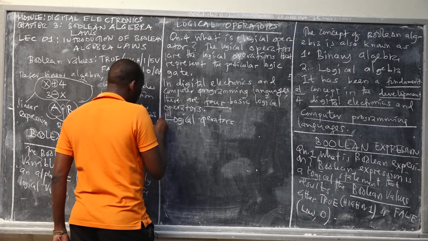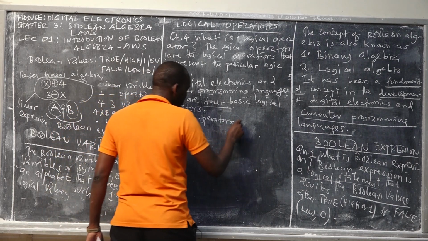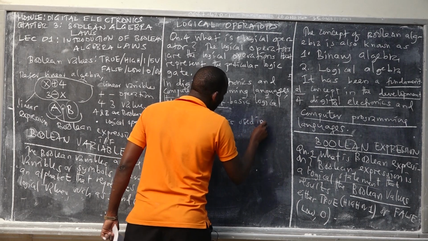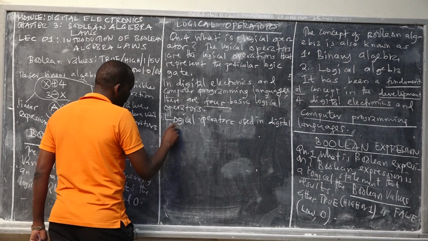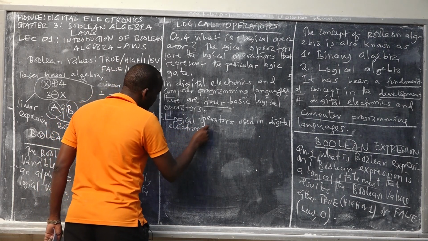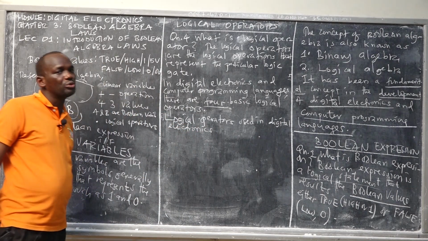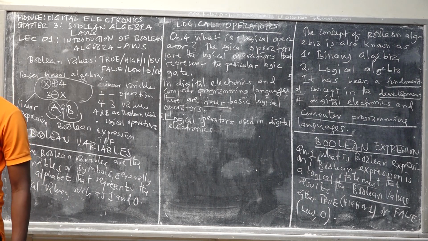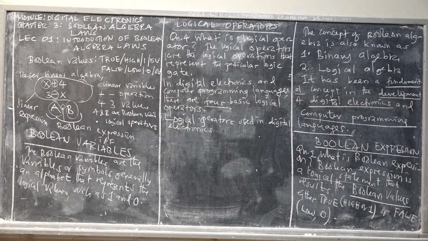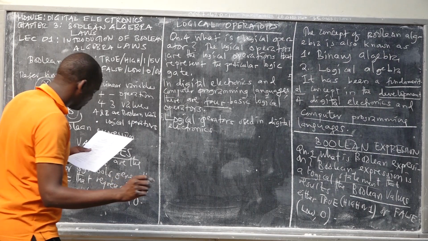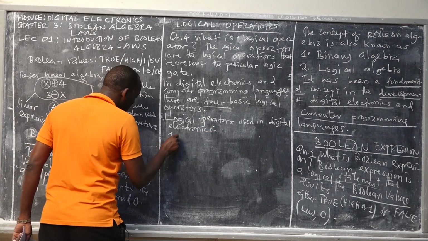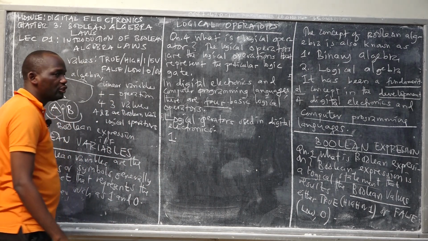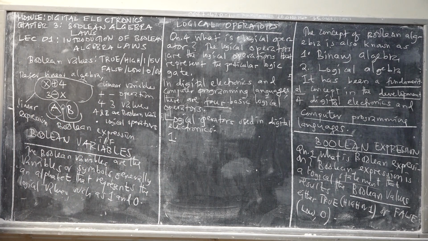So logical operators used in digital electronics. How many logical operators do you have in digital electronics? Only 4. Remember that these logical operators represent a particular logic gate, right?